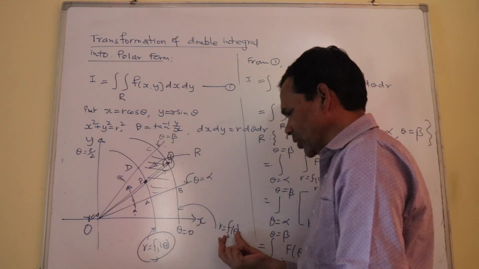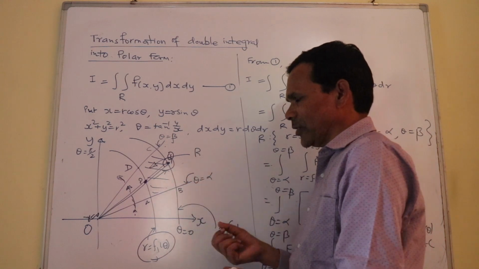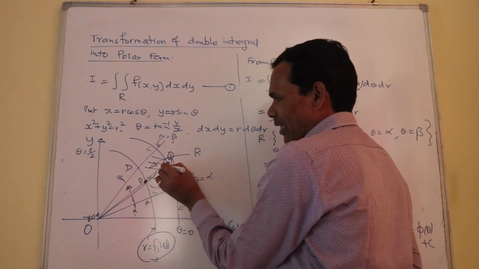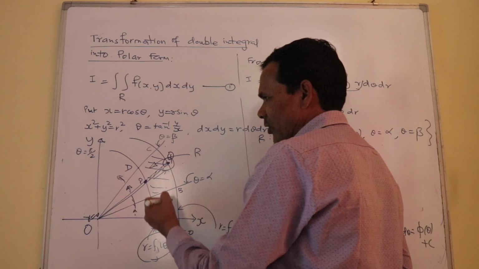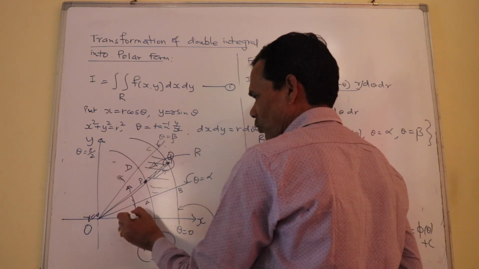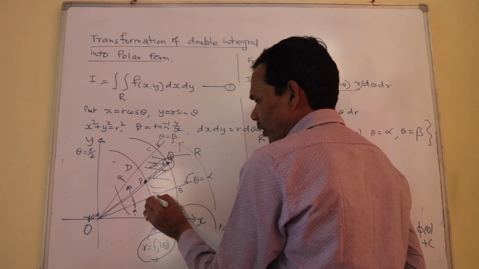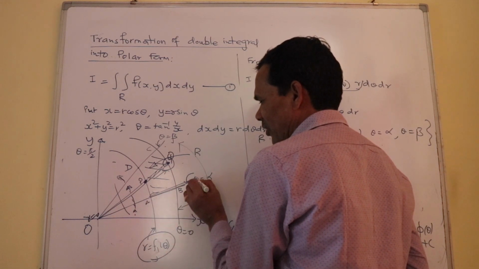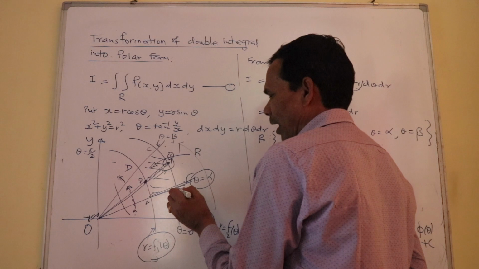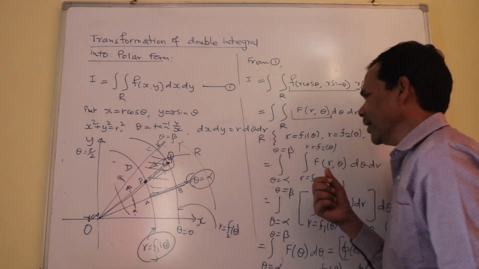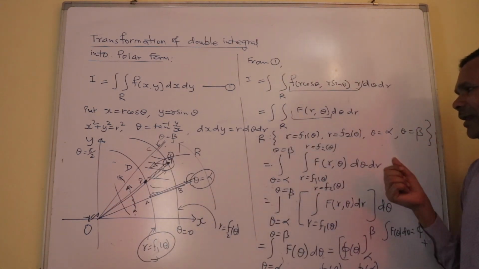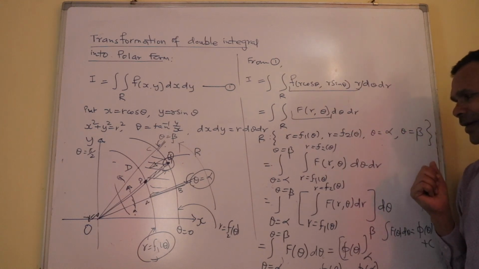At Q, r is equal to f2 theta. That is the boundary. With this radial strip, we rotate this strip in this direction, as I have shown here, till it merges with the line theta equal to alpha to theta equal to beta. So those are the limits for r and theta.